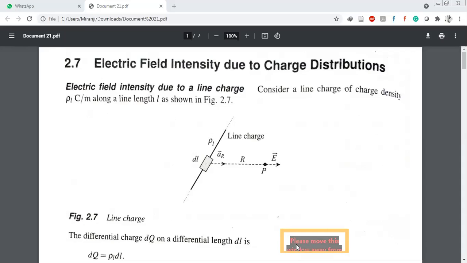From that, electric field intensity E equal to F divided by Q, where, according to Coulomb's law, what is meant by Q here, and what is meant by F here?